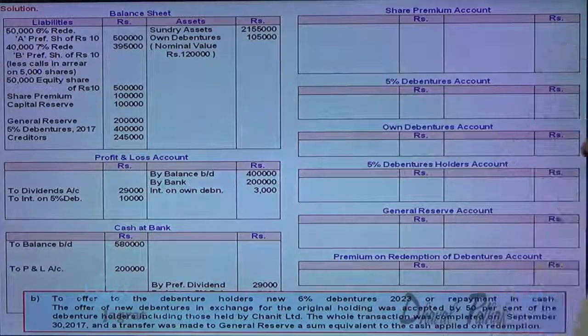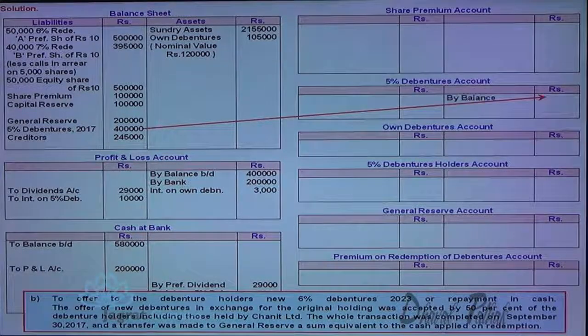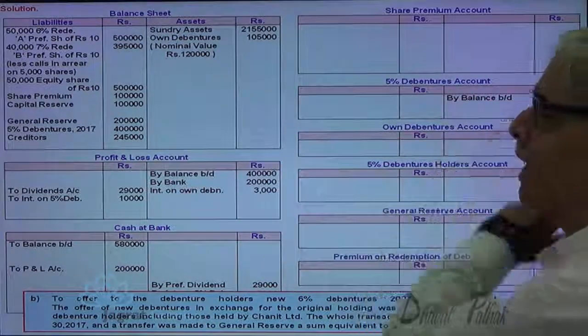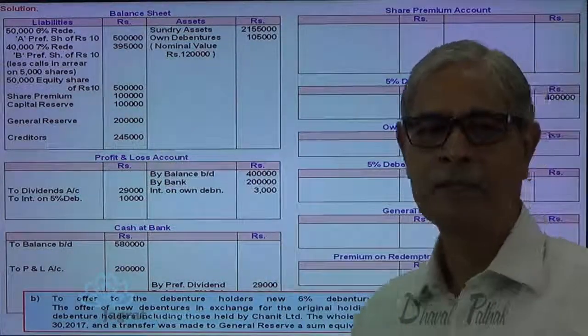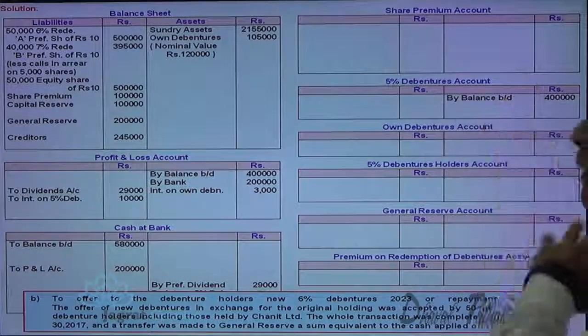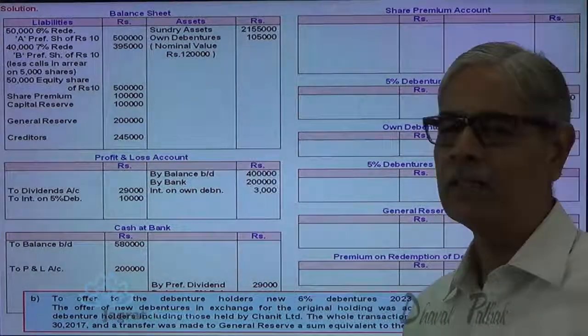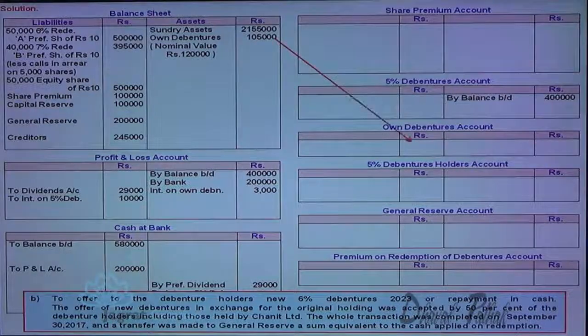Just observe my style of solving the sum. Debenture, balance brought down. So this I have transferred, so I'll remove it from here. And after changes, whatever the balance is left, I will record it here. Now, investment in old debenture, because it is going to be converted.